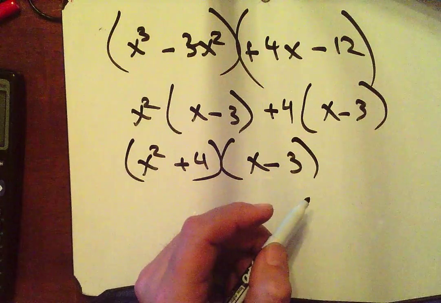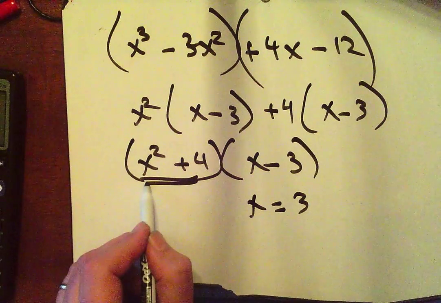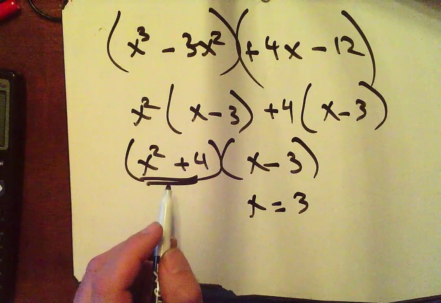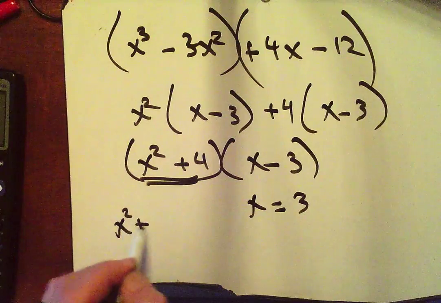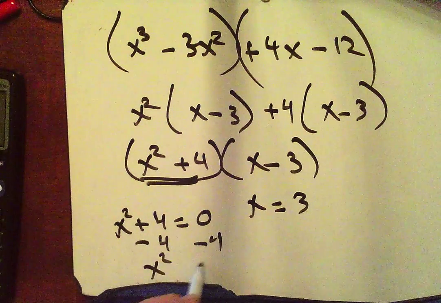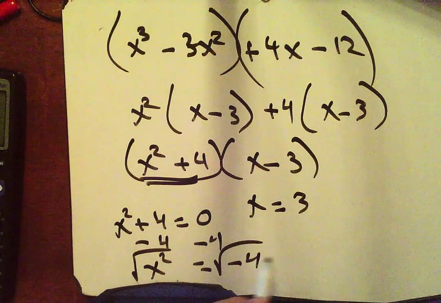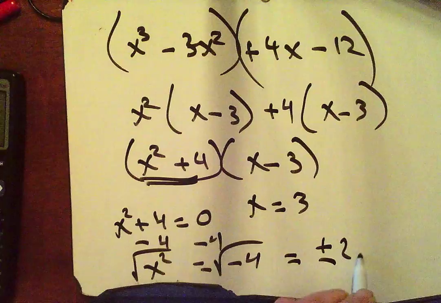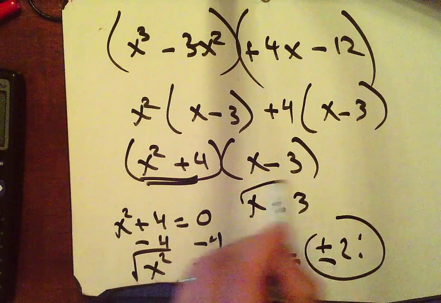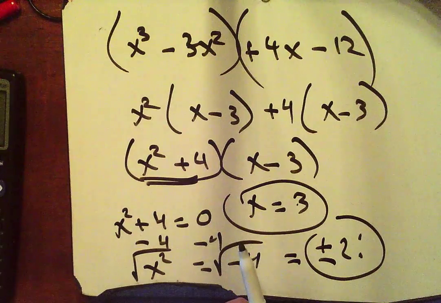So where are my roots? Well, x equals 3, but what about here? You know, a lot of people say plus and minus 2, but let's actually take the time to see that I'm now taking the square root of a negative number. So I'm going to have plus and minus 2i. So those are my roots, x equals 3 and plus and minus 2i.